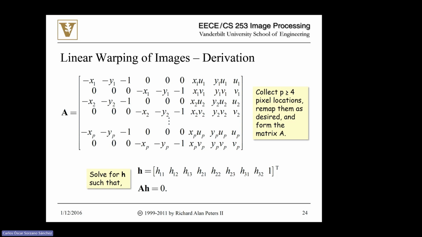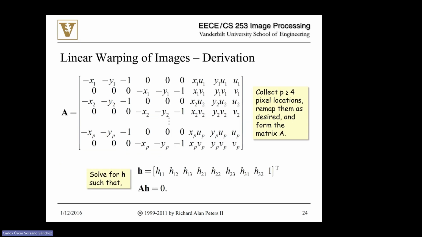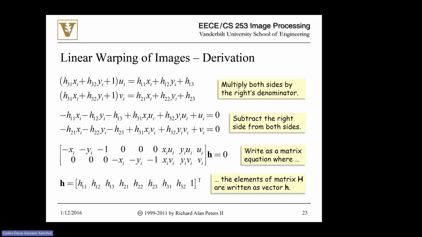And now we have A times H. On the other side, we always have 0. This transforms one equal. Because it is a convenient way, the 1 is not an unknown.